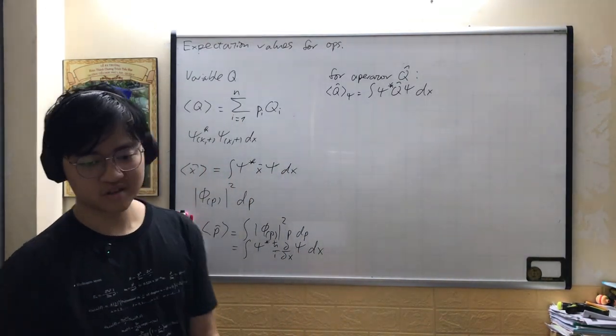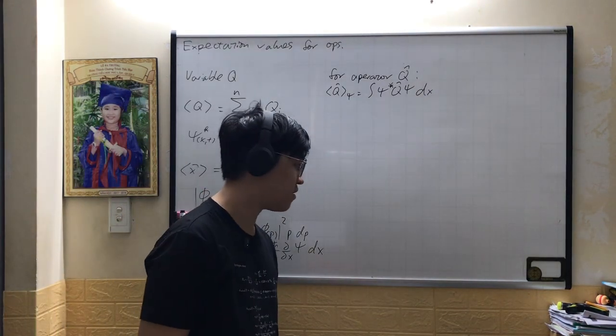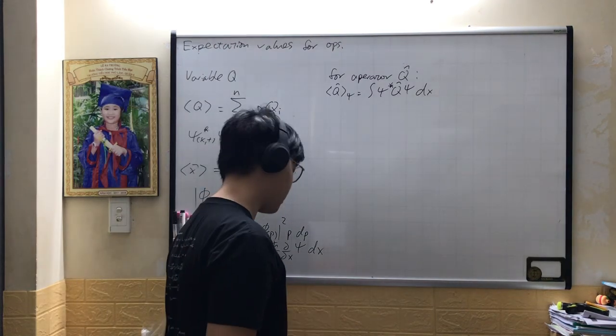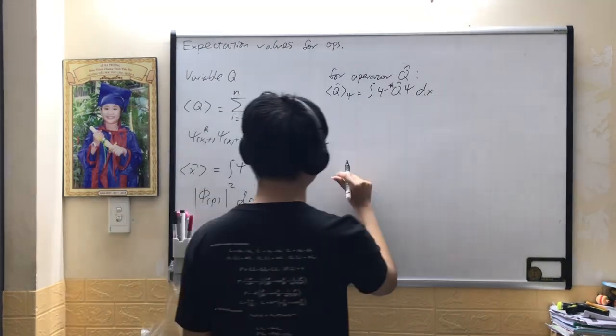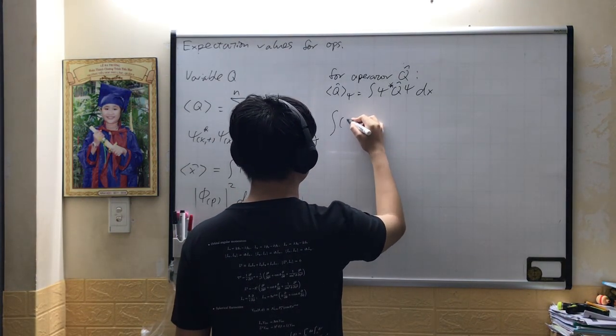And next, we're going to talk about the expectation value for Hermitian operators. And a quick reminder here, a Hermitian operator has a property that is right here. I'll write it.